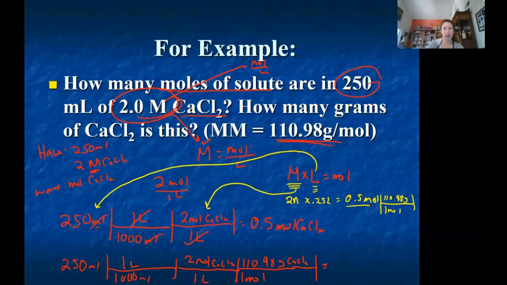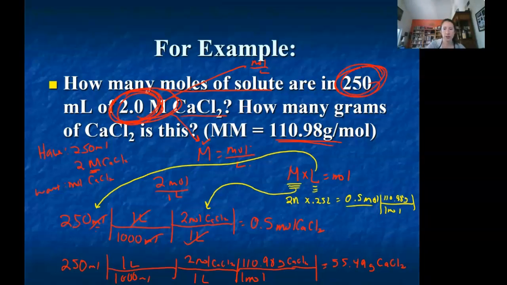110.98. And so in our calculator, you end up with 55.49 grams of CaCl2. How many sig figs can we have here? Yeah, this one has 2 sig figs.